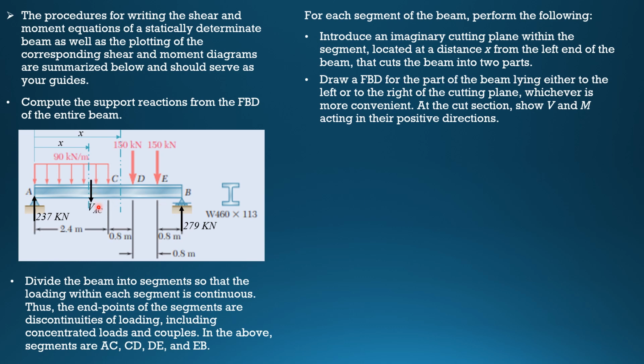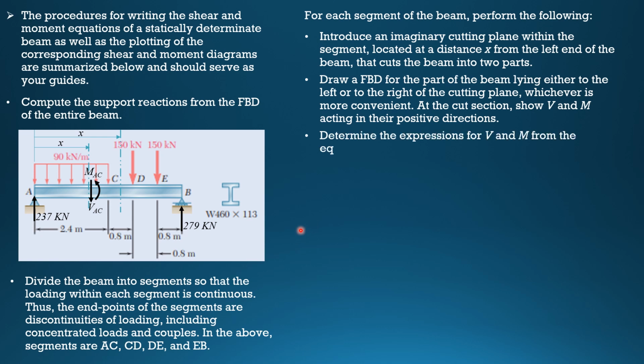So for instance, this is shear AC and moment AC. Remember the positive sign conventions for shear and moment. For the right section, A is the left, this section is the right section, so downward for positive shear, and counterclockwise for positive moment.